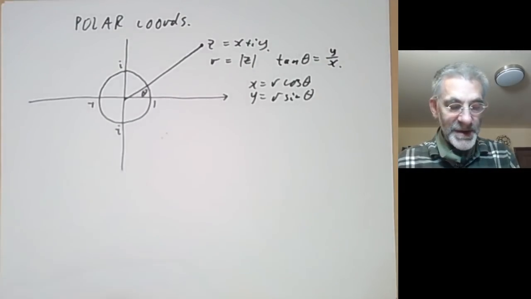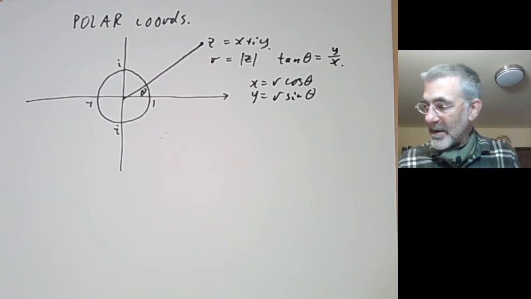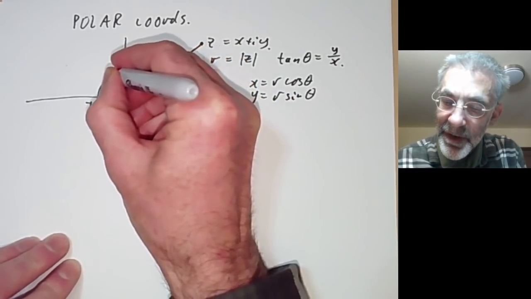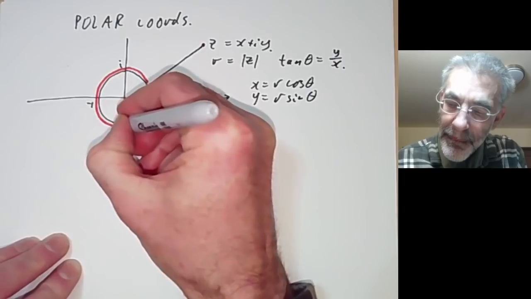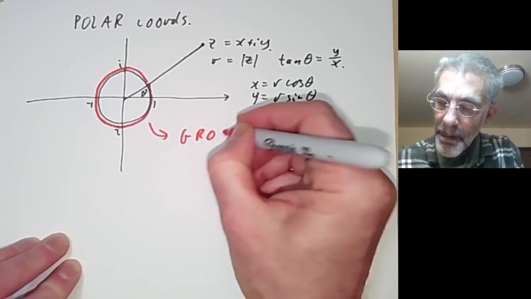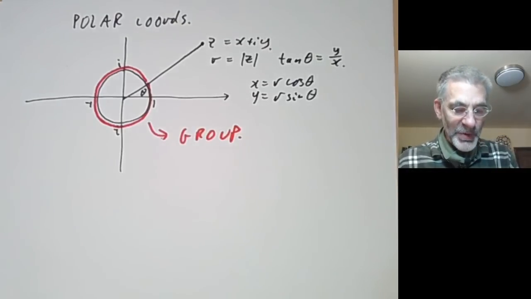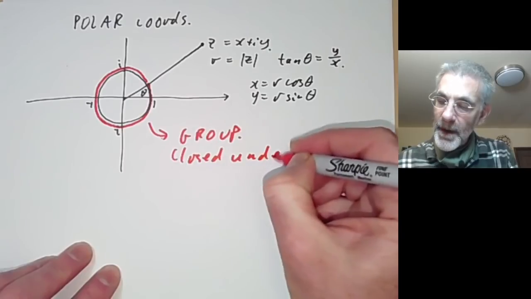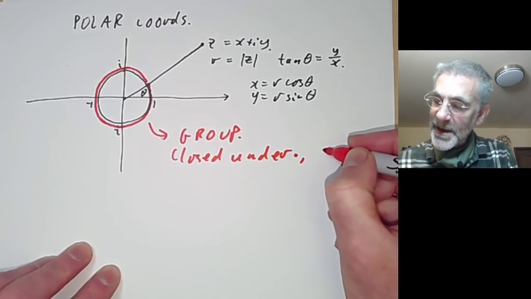And now you notice that if we take the numbers of absolute value 1, so let's draw numbers of absolute value 1 here in red, these actually form a group. Well, what do we mean by a group? This means it's closed under multiplication and taking inverses.